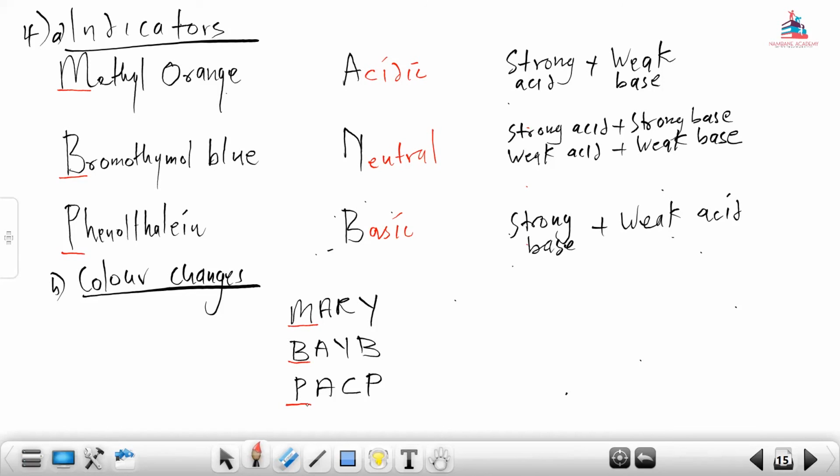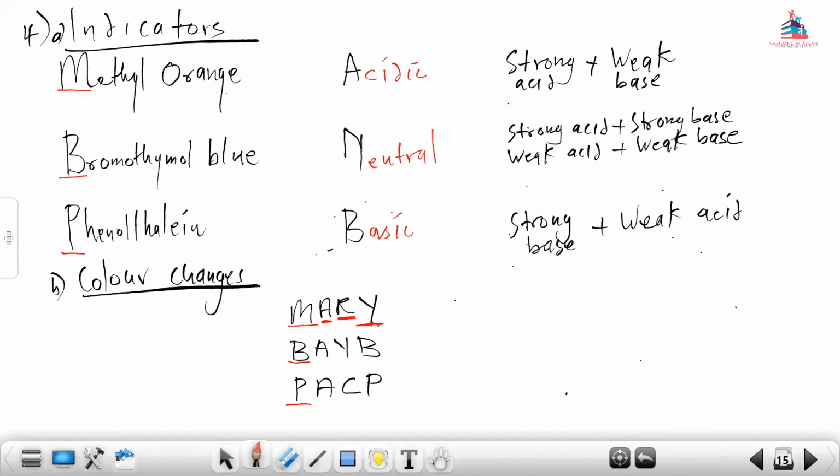So it says if I use methyl orange in an acid, it will change now to red. I repeat. If I use methyl orange in an acid, it will change color to red. But if I use methyl orange in a base, it will change now to yellow.